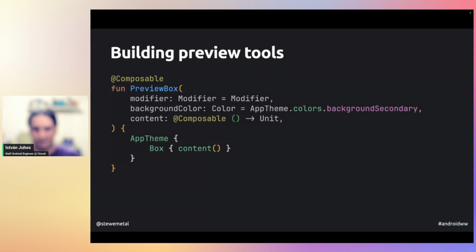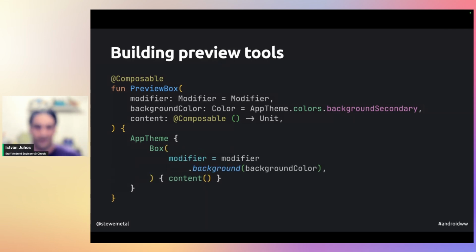So if we add the background color, we can easily define that. We can retrieve colors from our app theme definition, and we can just set it as a background color of that box. And now we have a background color mechanism that is independent from the preview annotations and tooling mechanisms.